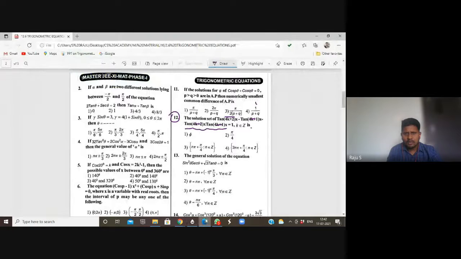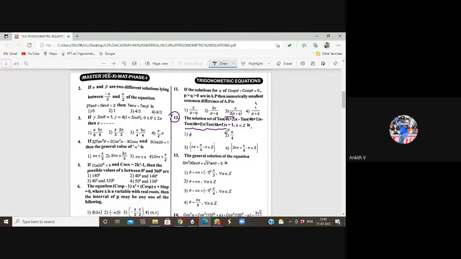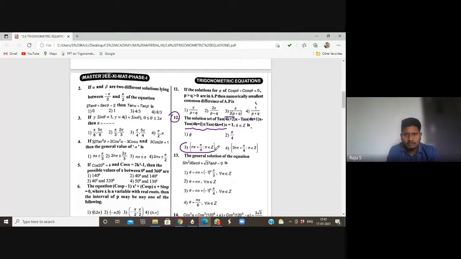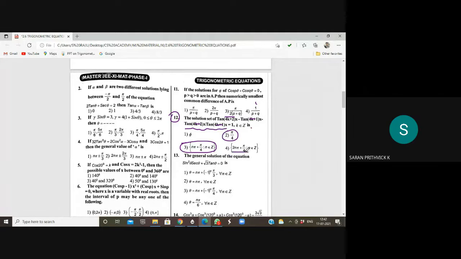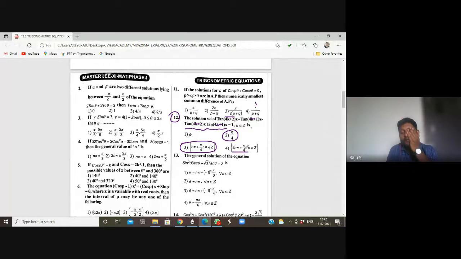So according to the options, which one is correct, students? Sir, if we apply the general solution, third option is coming. So what is your answer, whether third option, second option or fourth option? First option. Why first option?